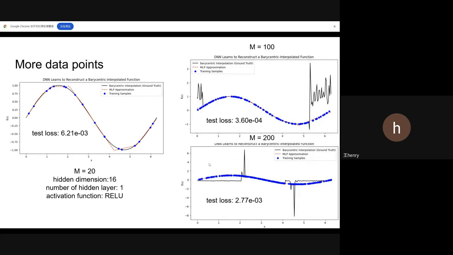Then we increase the number of data points from 20 to 100 and then to 200. For the case of 100, we can see the test loss value is lower than the original one. However, the value gets higher in the case of 200.